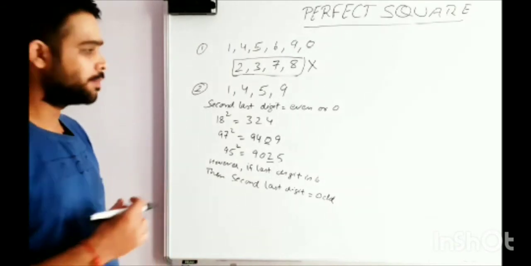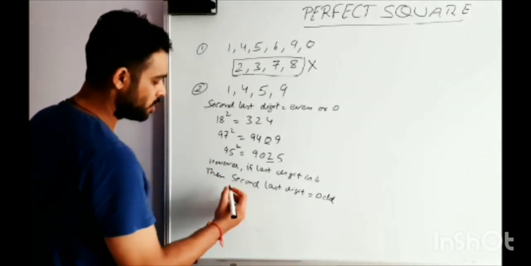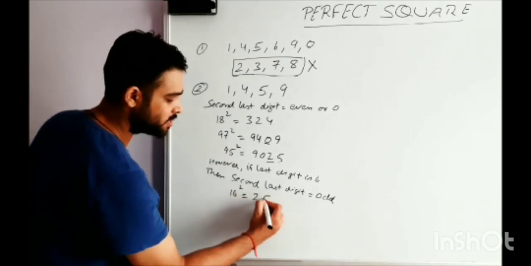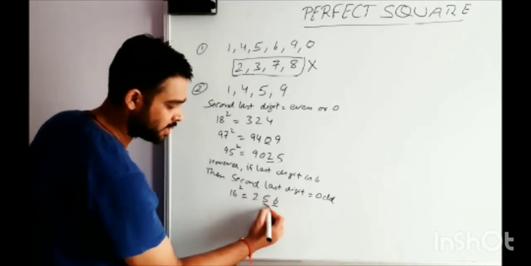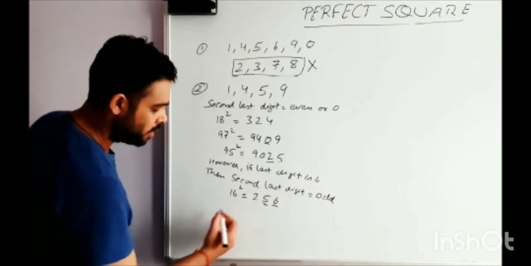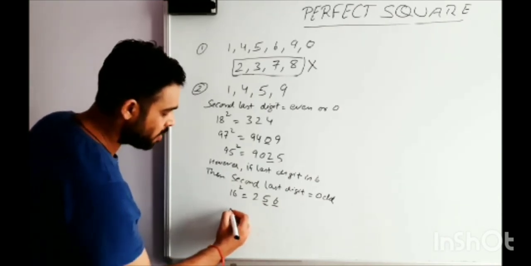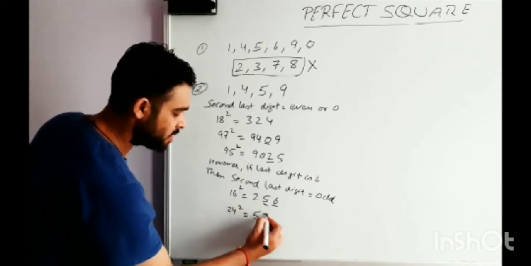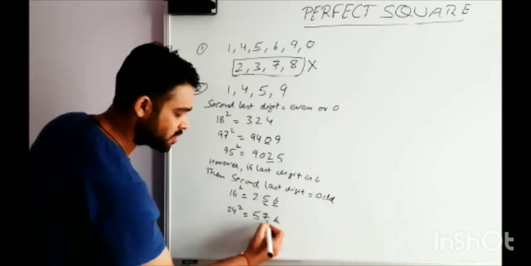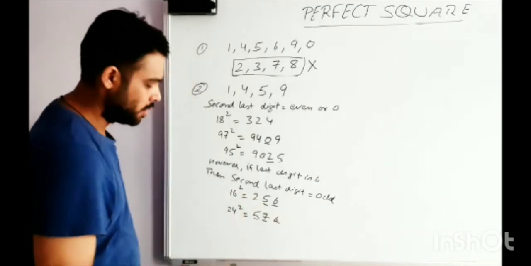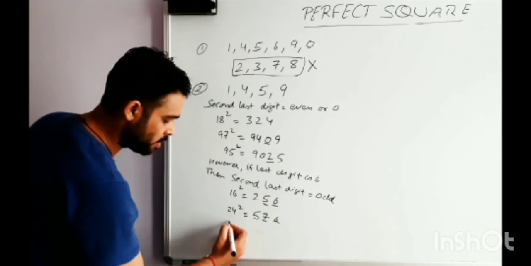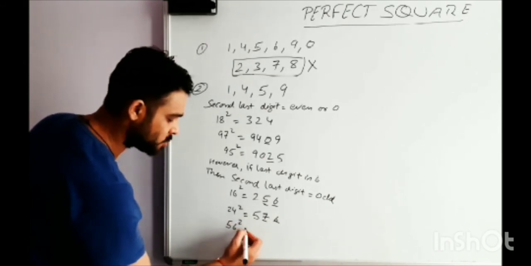We'll take an example. Now suppose you are finding the square of 16. Then 16 square is 256. Last digit was 6. Second last digit was an odd number. If suppose you are finding the square of 24. 24 square is 576. Last digit was 6. Second last digit was an odd number. Further, you are finding the square of 56 suppose.